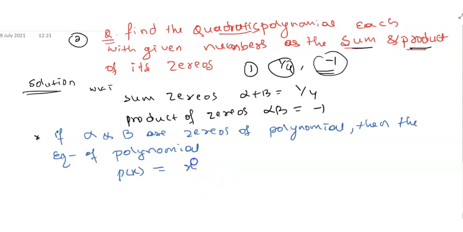Here you can write x square minus alpha plus beta x plus alpha beta is equal to 0. This is one more formula.